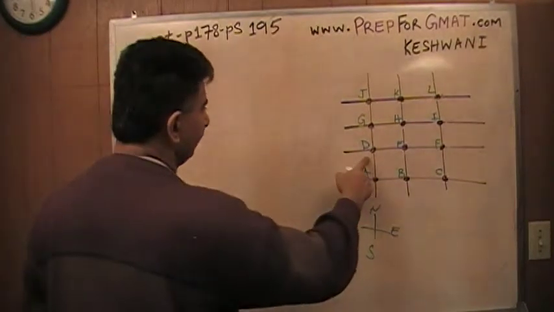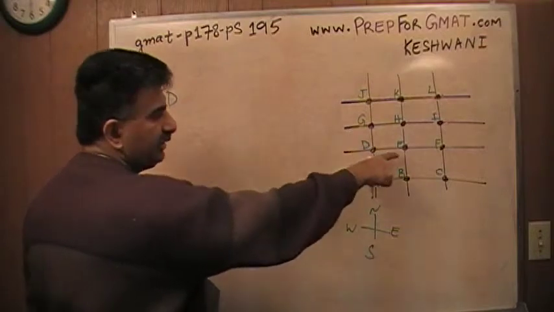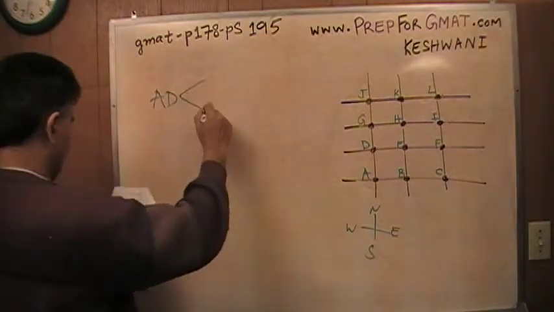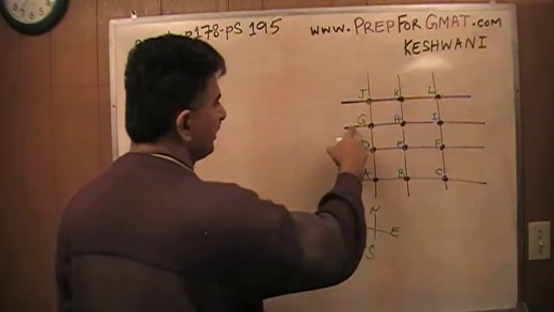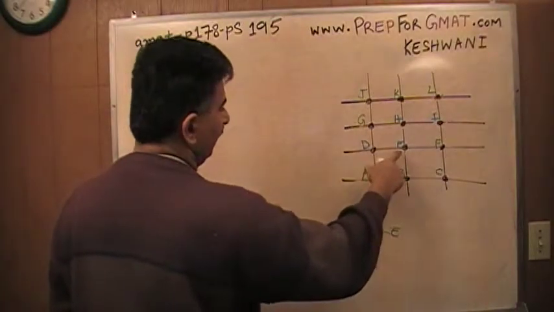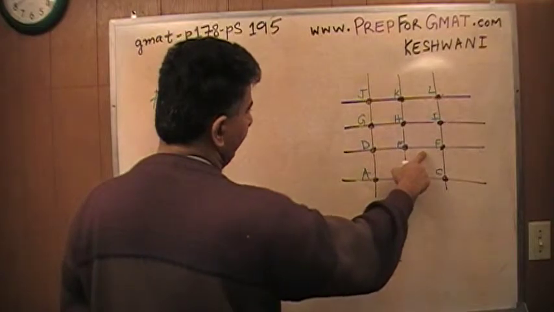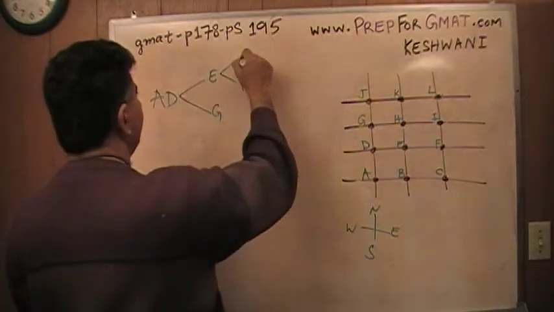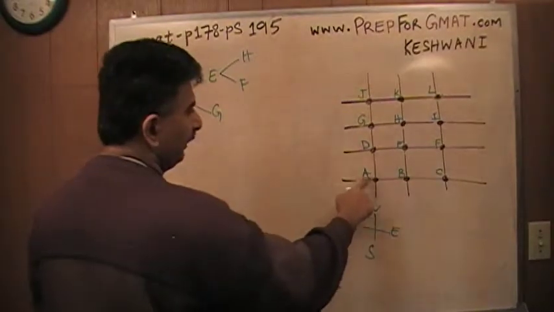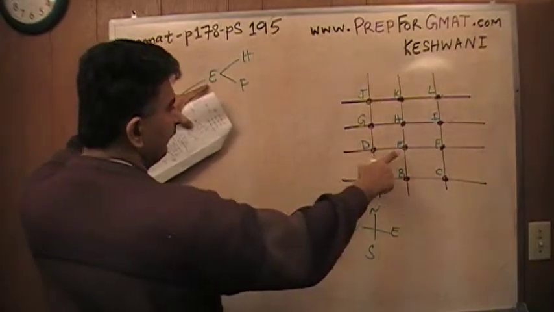Once I reach D, I have 2 choices again. I can either go to G or E. If I go E, I have 2 more choices, either F or H.